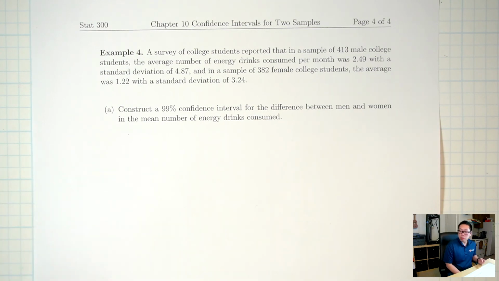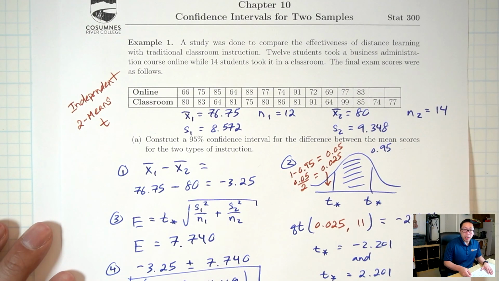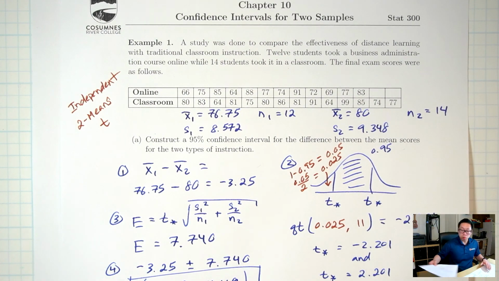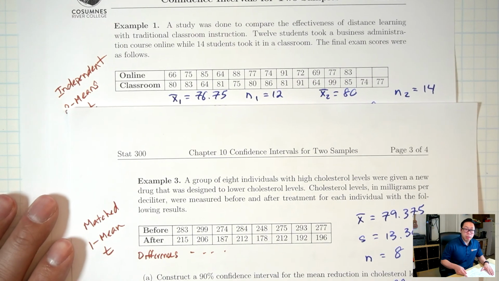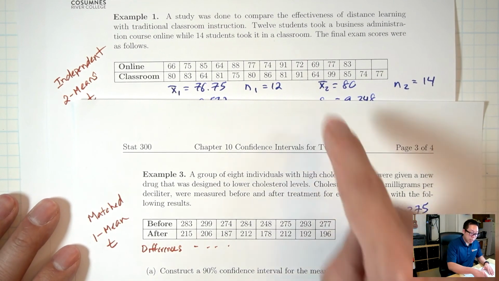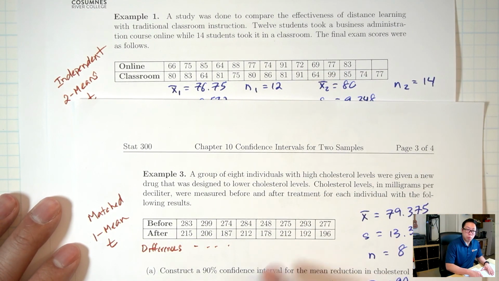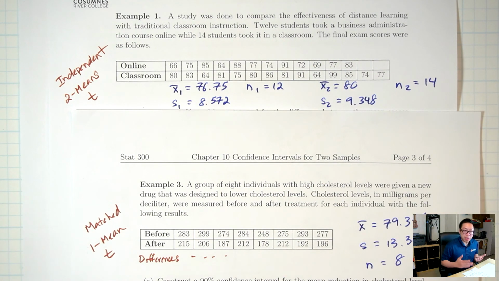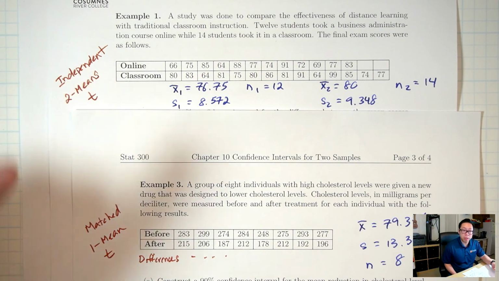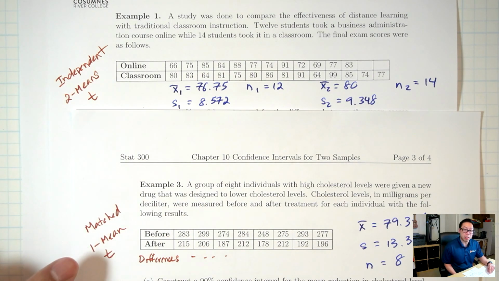We talked about a couple of mean examples already, in example 1 and example 3. In both of those examples, I gave you data. And when I give you data, the next question you have to ask yourself is, is it independent or is it matched? Because if it's independent, you run it as two means. If it's matched, you run it as one mean.